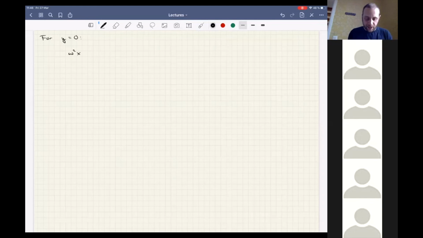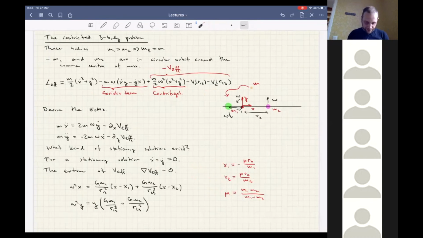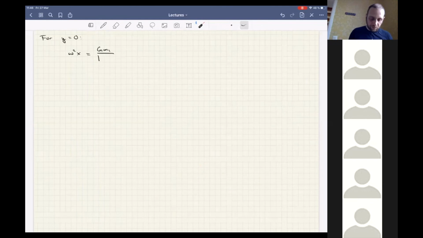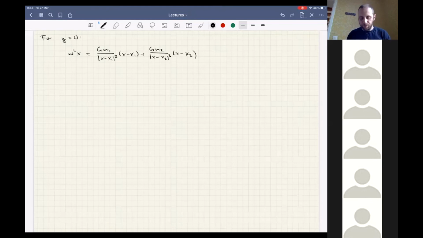So we have omega squared times x, which must then be equal to G m1 times x minus x1, over the absolute value of x minus x1 cubed, and the same term then for the second mass, x minus x2 over the absolute value of x minus x2 cubed.